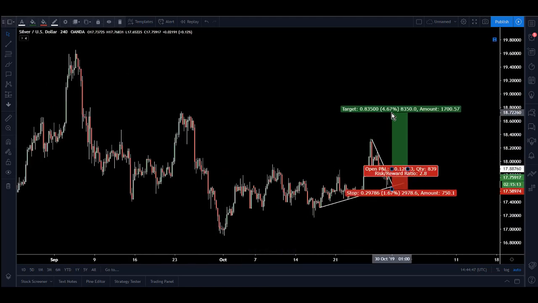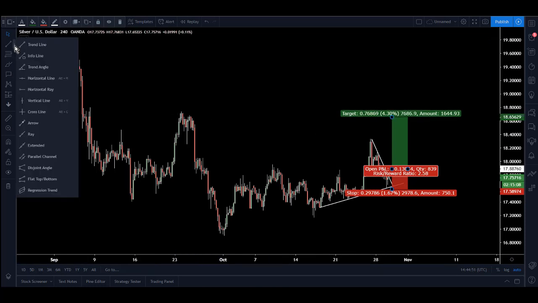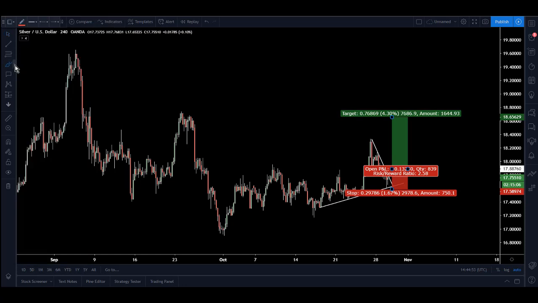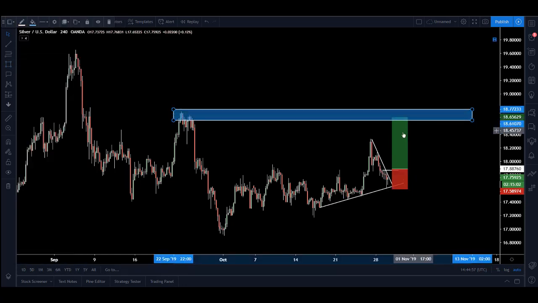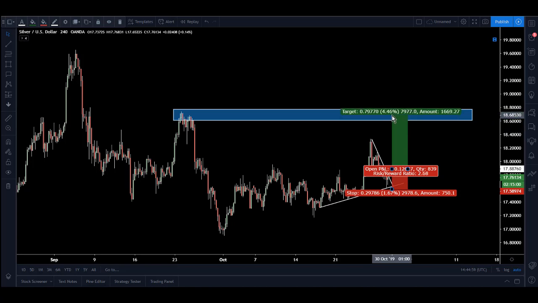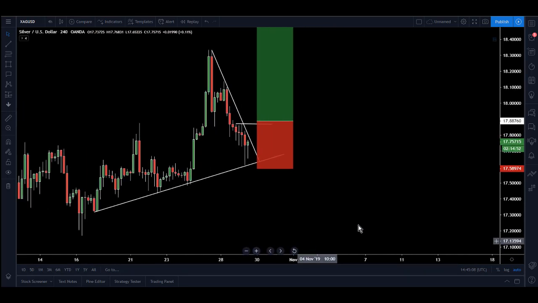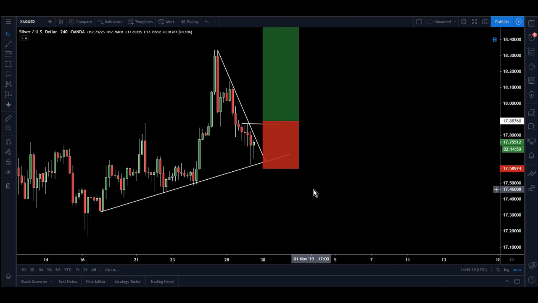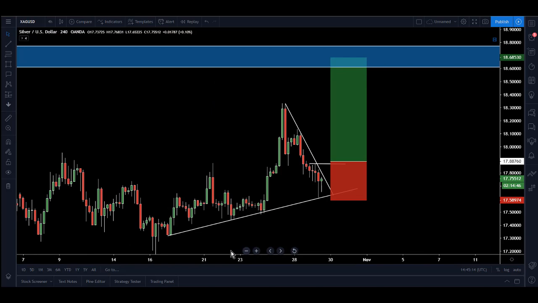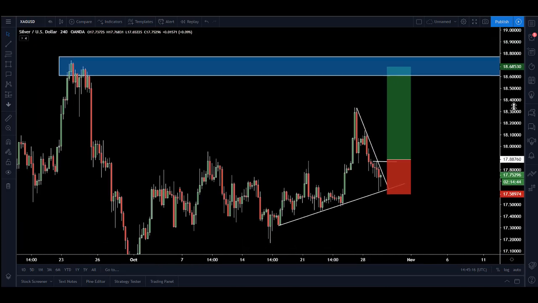You could even go for this kind of high here. Where's my rectangle? Somewhere around there maybe. Okay, that gives you a nice 2.68 to 1. So that's a trade you could just put on now as a buy stop order, leave it, see what happens. So you won't need to sit around and wait to see what happens.